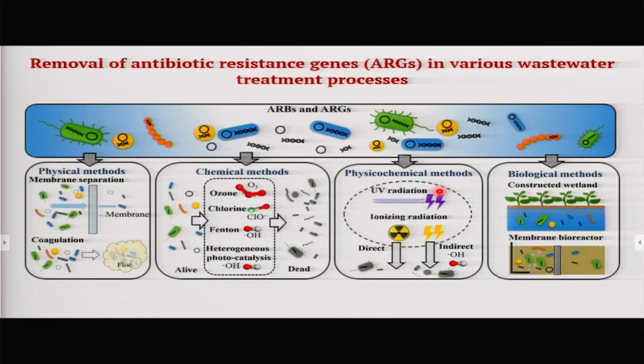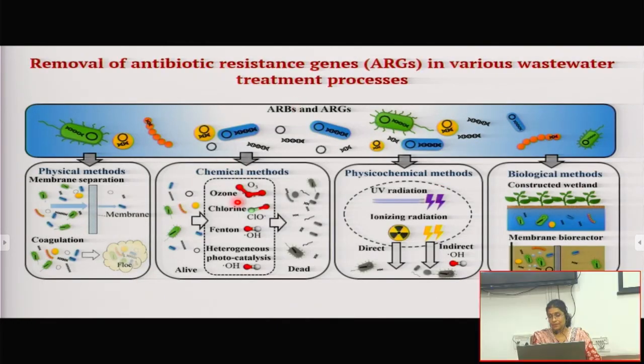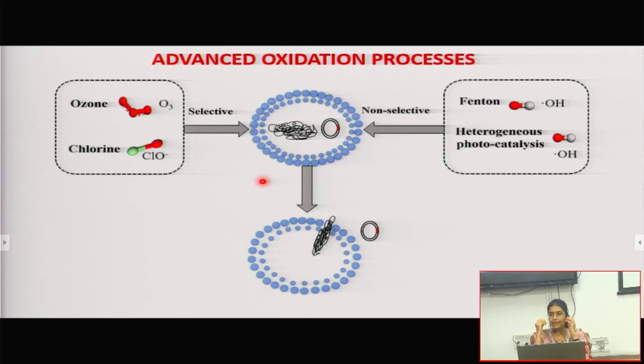Okay. So let's see. Why I call all these mechanisms, especially those in the second box under the chemical methods, is that it releases a lot of free radicals, which are super oxidizing. All right. So these are energetically very high. They are evolving a lot of free radicals.